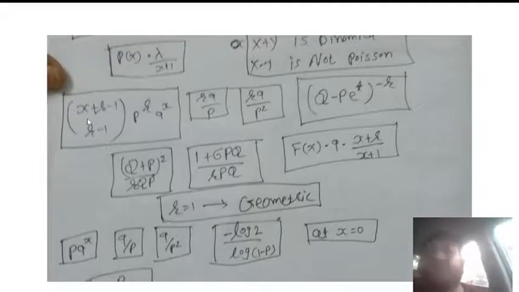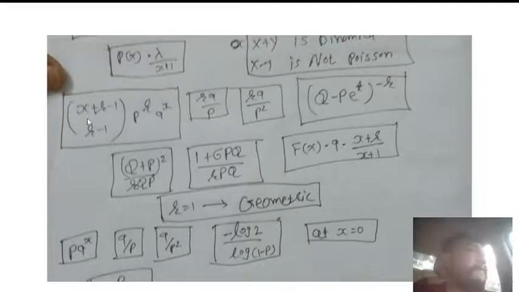Now this is the negative binomial distribution. What is another name of the negative binomial distribution? Just name it in the comment section.